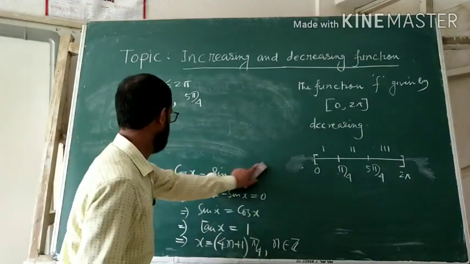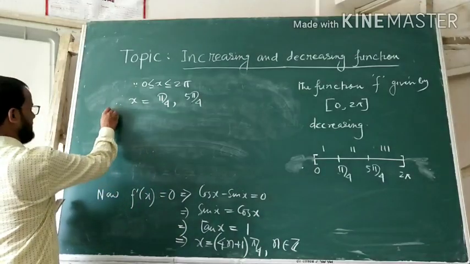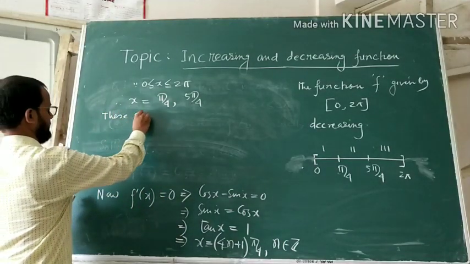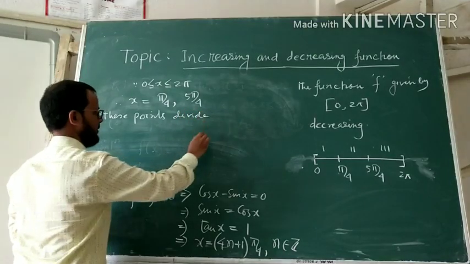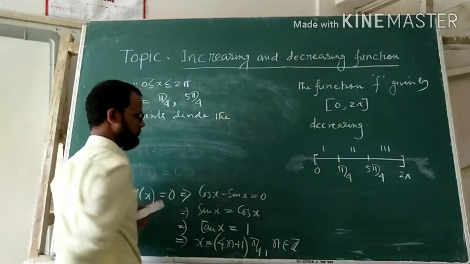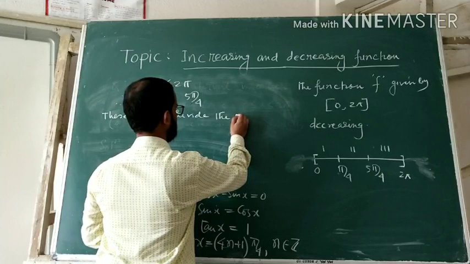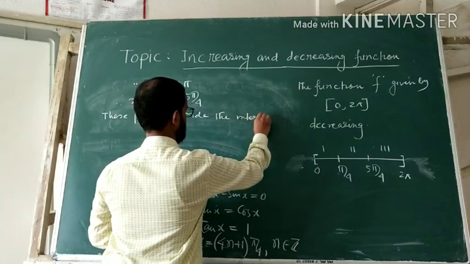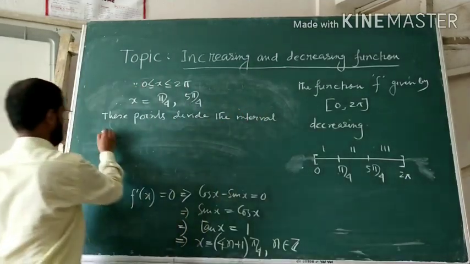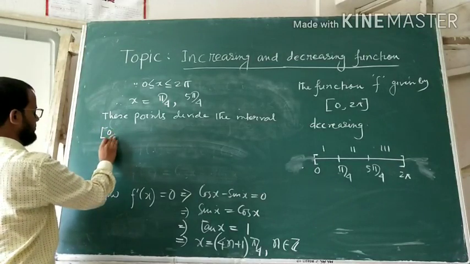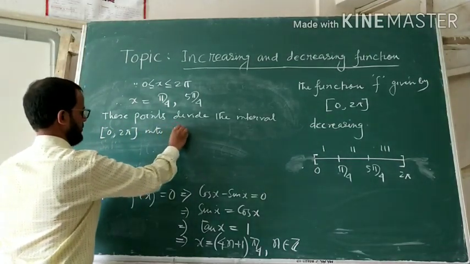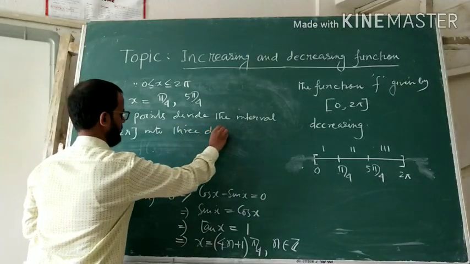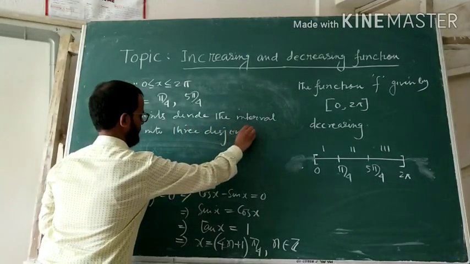So the next step is, these points divide the interval 0 to 2 pi into 3 disjoint intervals.